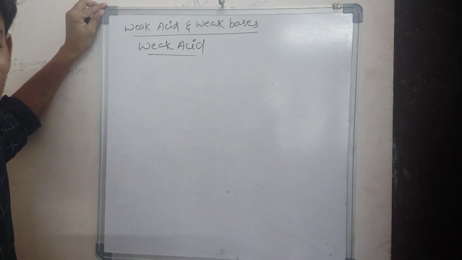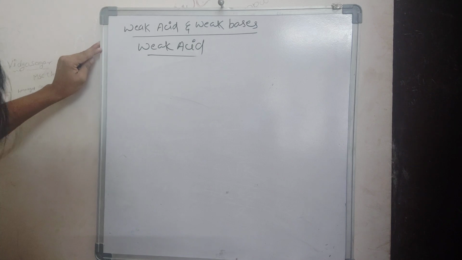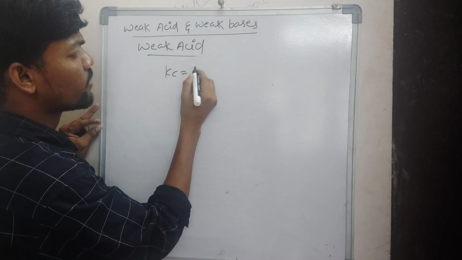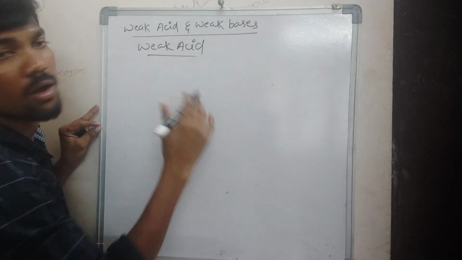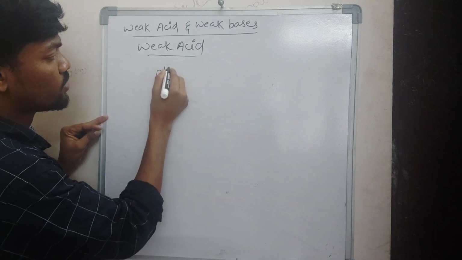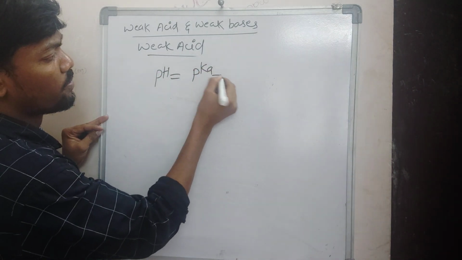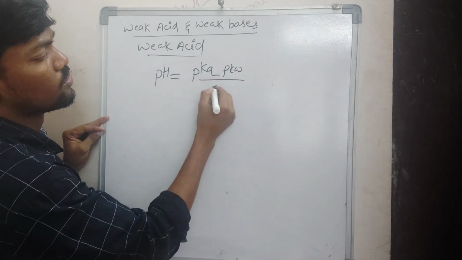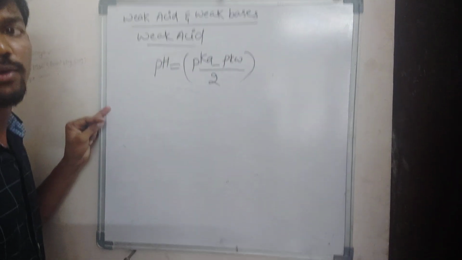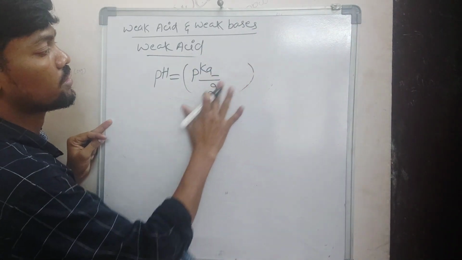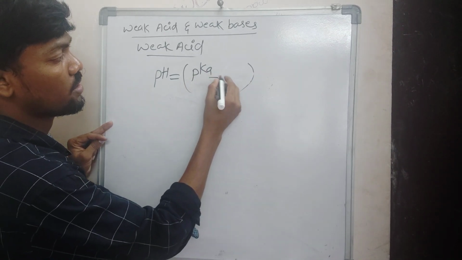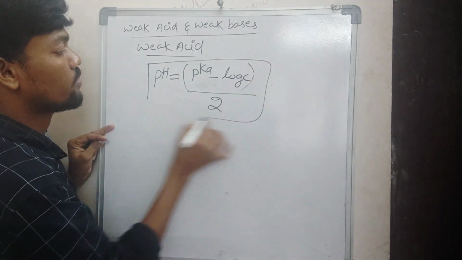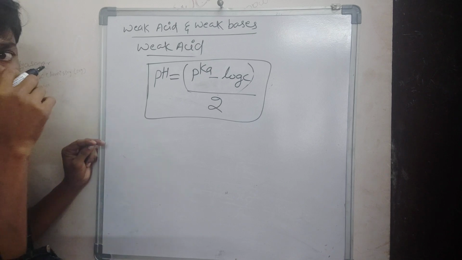Next, suppose you want to find the pH value for this weak acid. I already told you Kc is equal to that. So for a weak acid you can find it like this: pH is equal to half of pKa minus log C. This is the formula for finding the pH value.